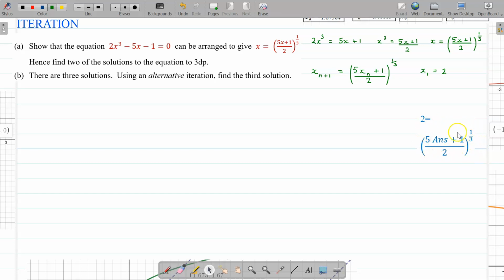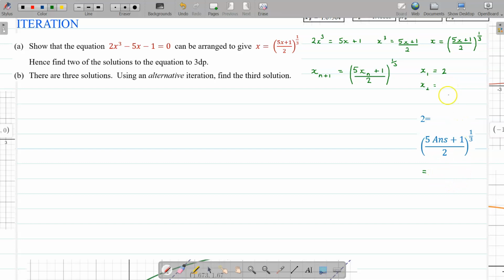In other words, I type that in and then I press the equal sign. And what the calculator will do is it will put 2 into this equation instead of answer and give you the output. And that is what we call x2.